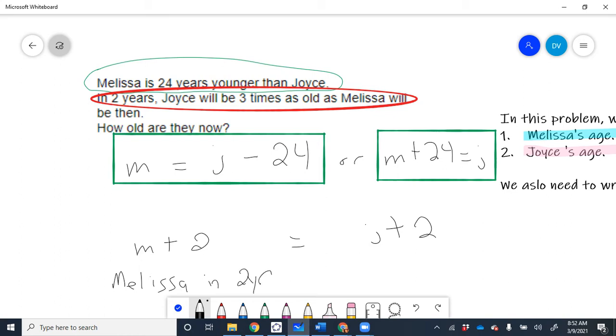And this is Joyce in 2 years. And it says Joyce will be 3 times as old as Melissa. So this purple will be 3 times the yellow. In other words, we need to put a 3 here. Joyce's age in 2 years is 3 times Melissa's age in 2 years. You need to put the 3 there.